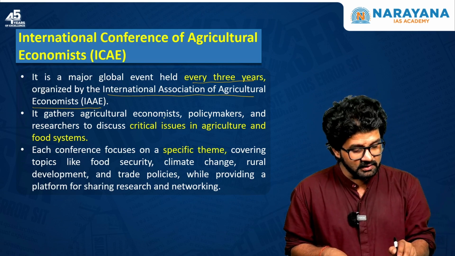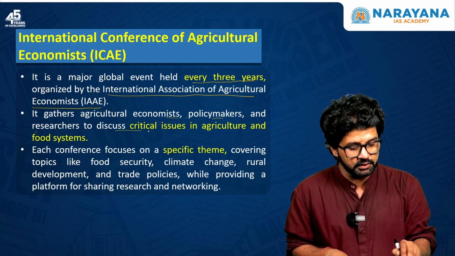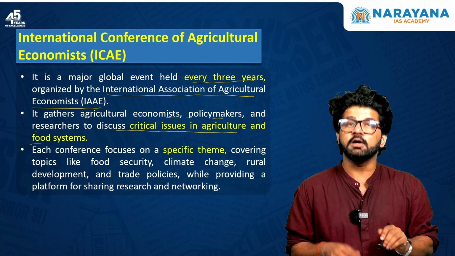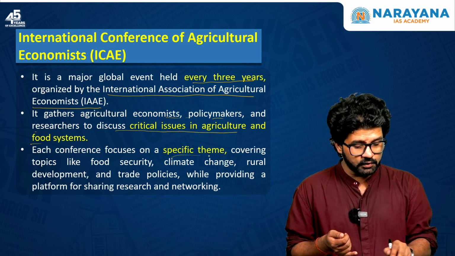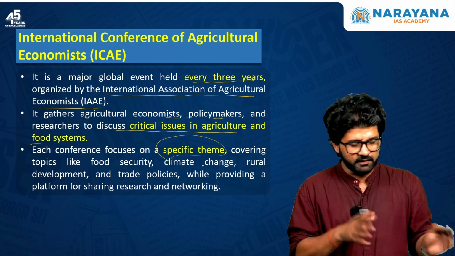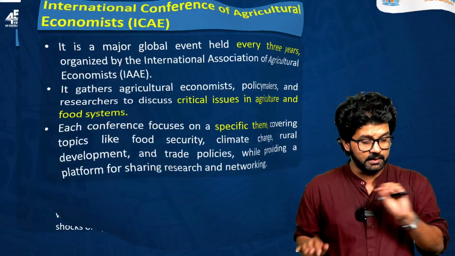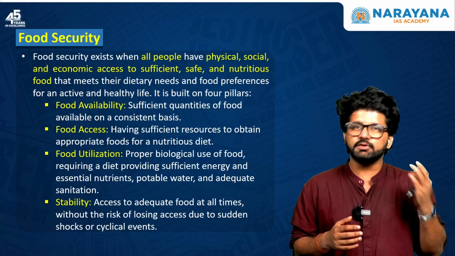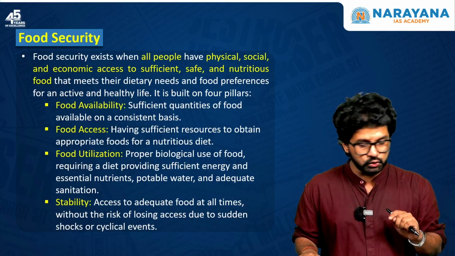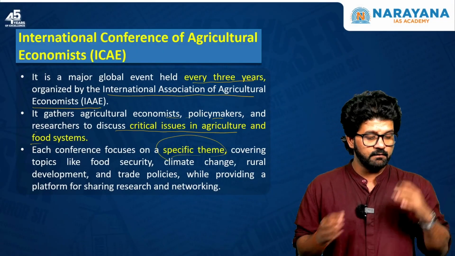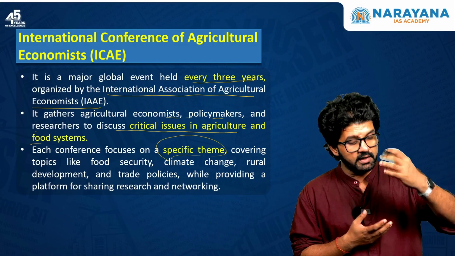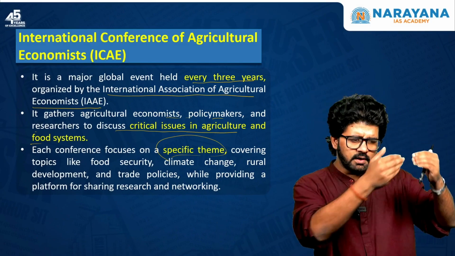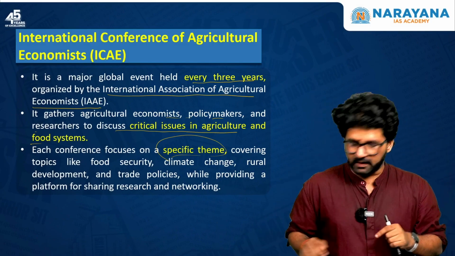It gathers agricultural economists, policy makers and researchers to discuss critical issues in agriculture and food systems. Each conference focuses on a specific theme, covering topics like food security, climate change, etc. So here the important part of this particular slide was which organization is involved in the organization of ICAE, right?